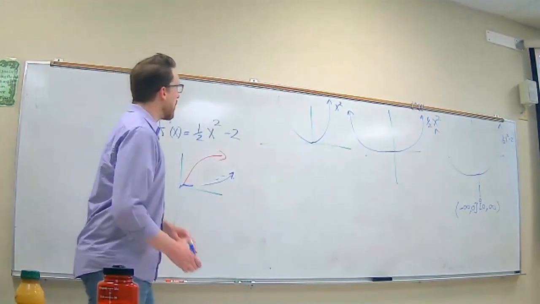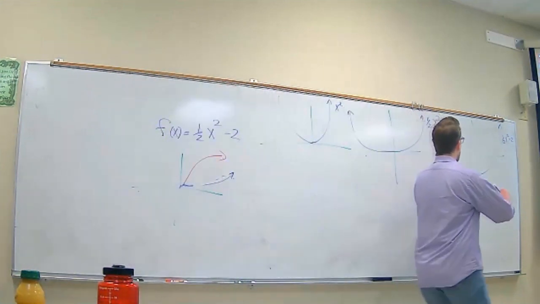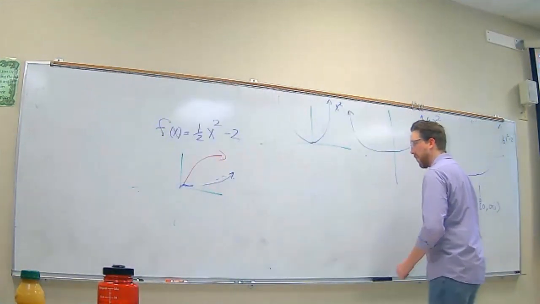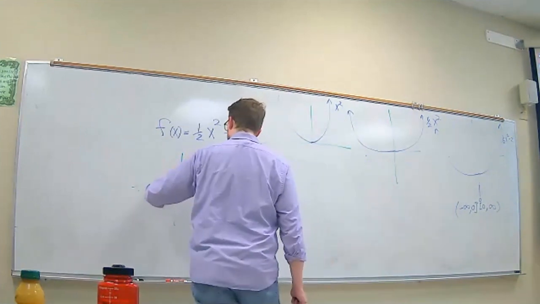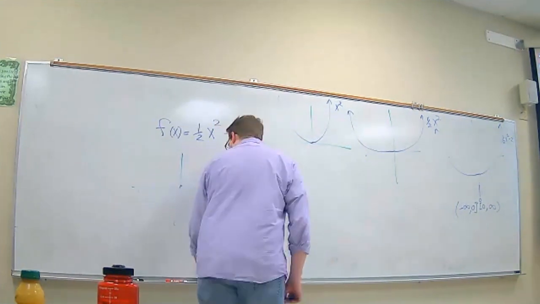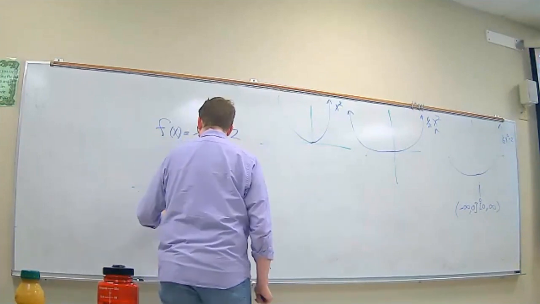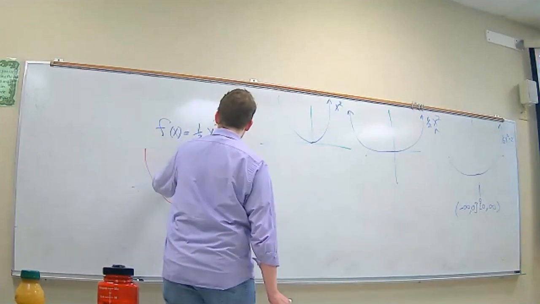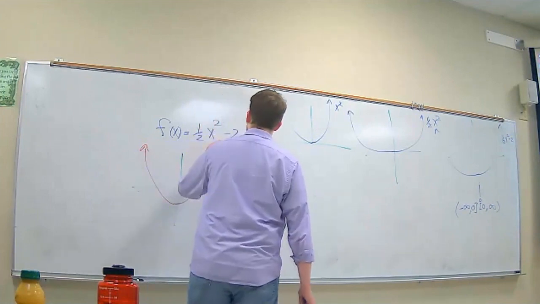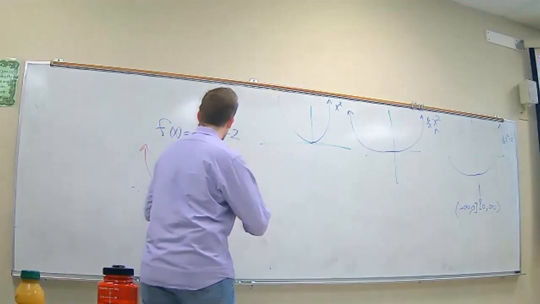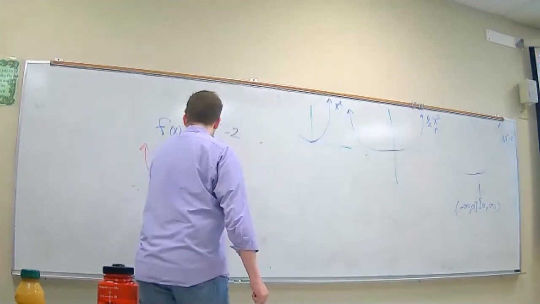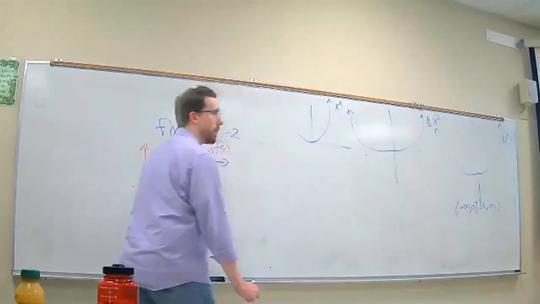So here, what we're going to have when we flip it, in this case, it's a lot easier because our function looks like this. And our inverse function, if we can make it, would look like that, right?